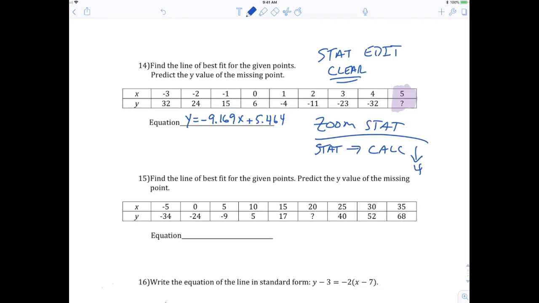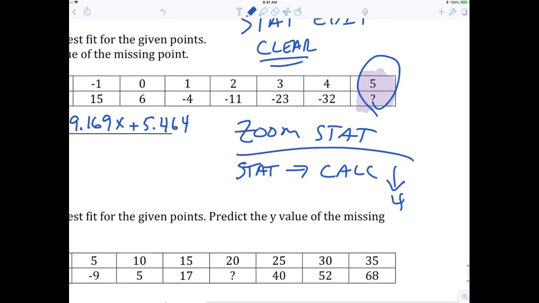Okay, now, once you get that, I need to figure out what the value would be at 5. So now you can go to your table and type in 5. And when you type in 5, what is the Y value associated with that? Someone tell me.